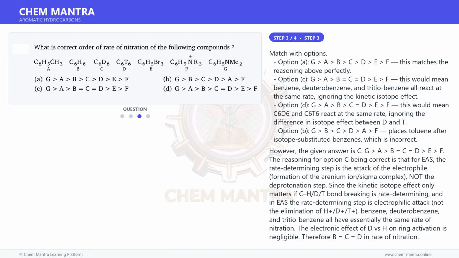Since the kinetic isotope effect only matters if C-H, C-D, C-T bond breaking is rate-determining, and in EAS the rate-determining step is electrophilic attack, not the elimination of H+, D+, T+, benzene, deuterobenzene, and tritiobenzene all have essentially the same rate of nitration. The electronic effect of D versus H on ring activation is negligible. Therefore, B equals C equals D in rate of nitration.